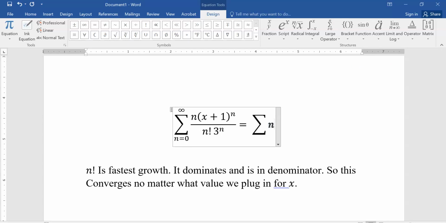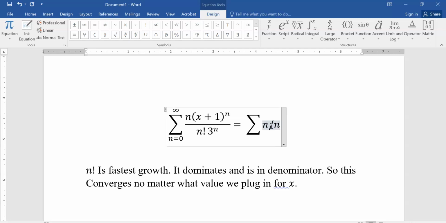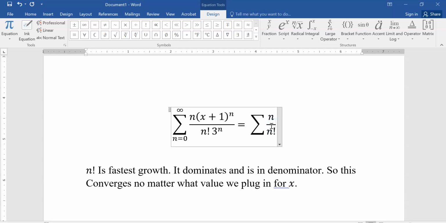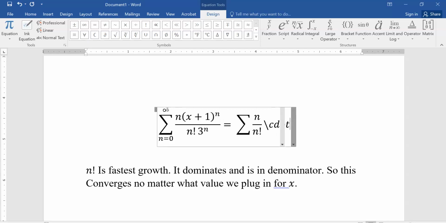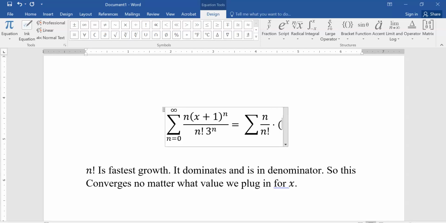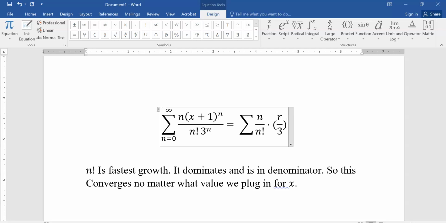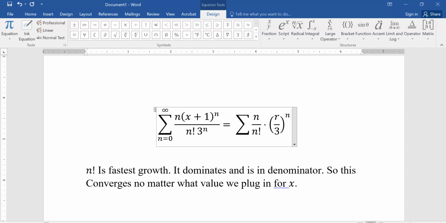This is like taking n divided by n factorial and then multiplying by a real number over 3, all to the nth power. Hopefully you guys understand what I mean by there. I'm replacing this x plus 1 with an r. So we have a geometric piece, which is r over 3 to the nth power, and then we have this linear piece, which is just n to the first power. And then we have an n factorial.